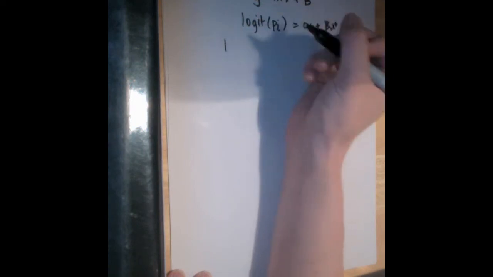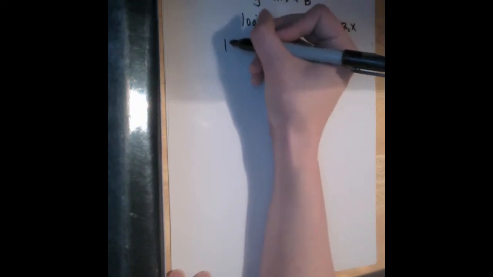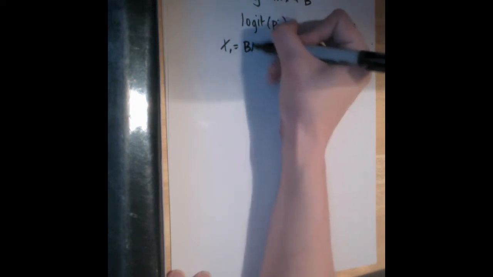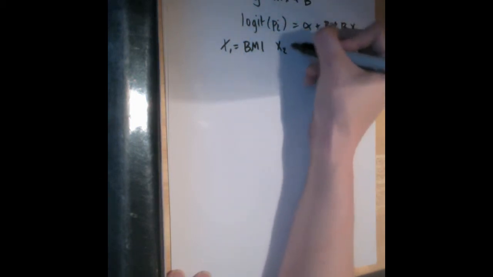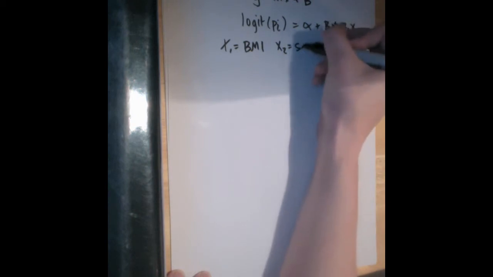So let's try a model where we're going to have our x1 equals BMI, our x2 is going to equal sex, and our outcome that we care about is going to be diabetes, or risk of diabetes, basically.